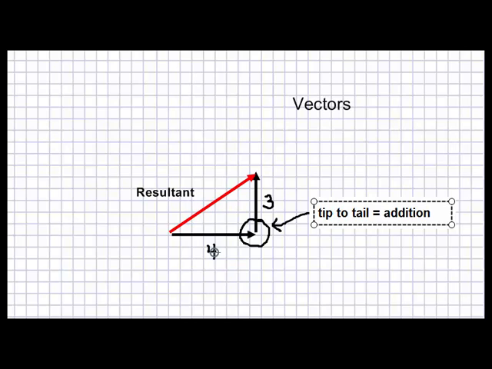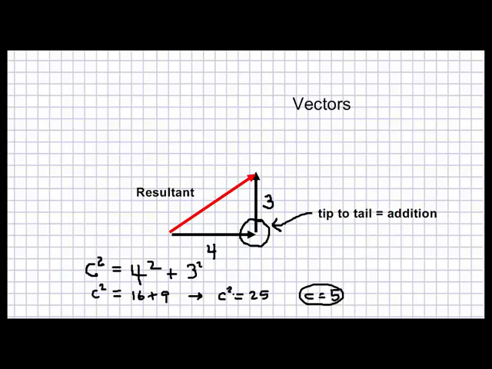That's 16 plus 9 equals c squared, so c squared is 25, so c equals 5. This is the familiar 3, 4, 5 right triangle. So that means that if you're traveling along 4 meters per second this way and being side pushed 3 meters per second this way, the resultant vector, your resultant speed, your actual ground speed, would be 5 meters per second.